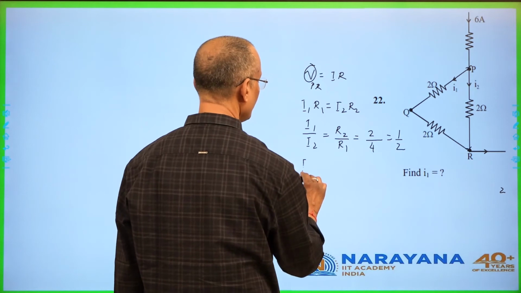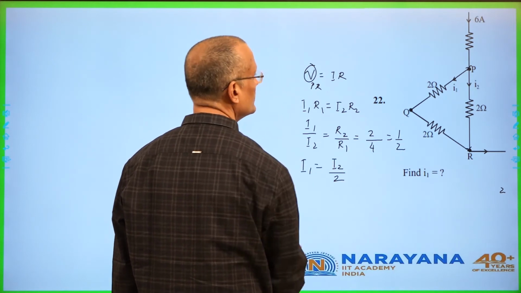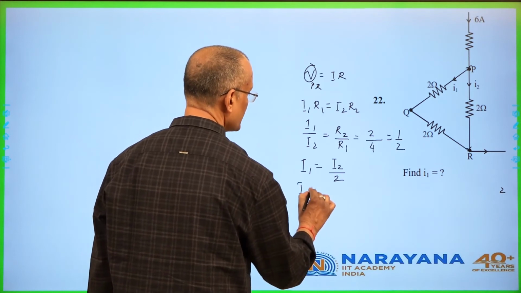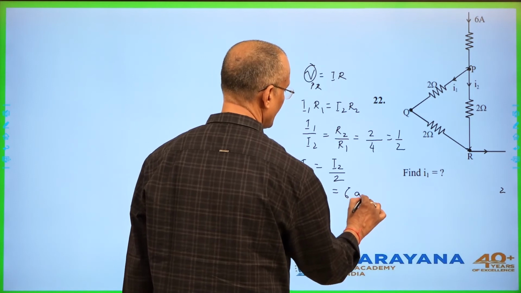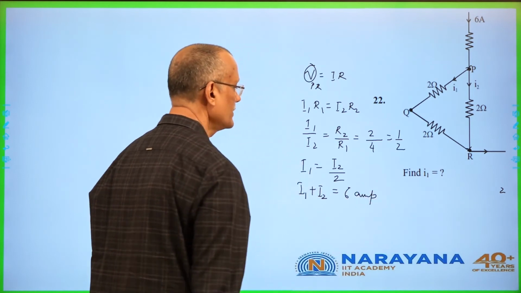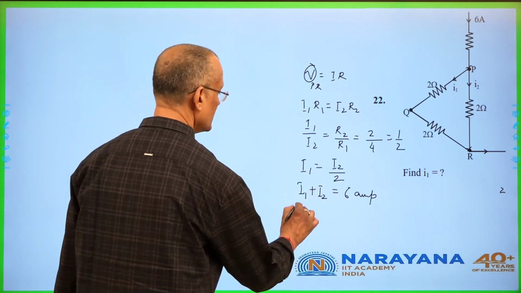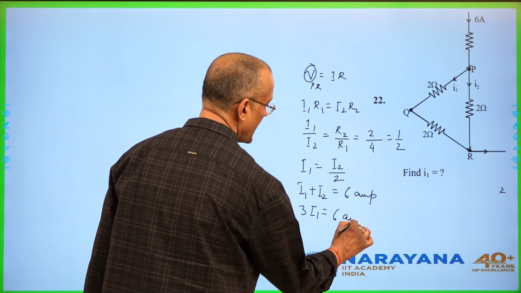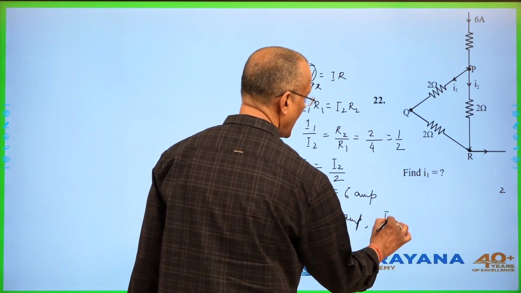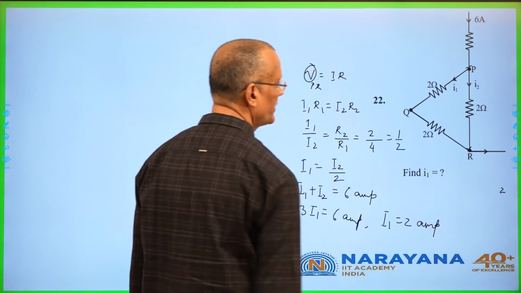So I1 will be equal to I2 by 2. I1 plus I2, they had given you 6 ampere. Am I right? So I2 is 2 I1. So it will become 3 I1 as 6 ampere. I1 will become 2 ampere.